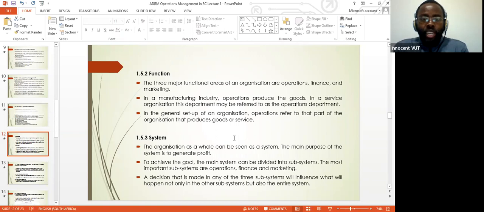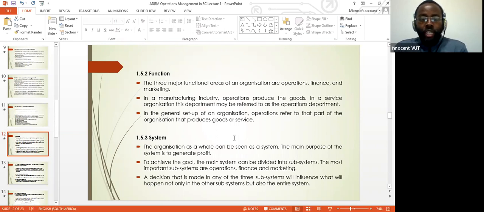In a service organization, this department may be referred to as the operations department. So in the general setup of an organization, operations refer to that part of the organization that produces goods or services.